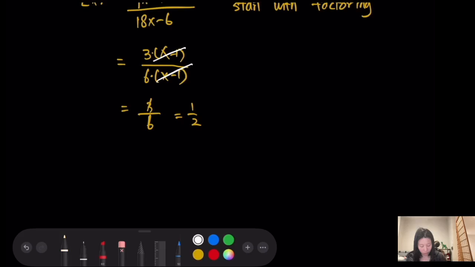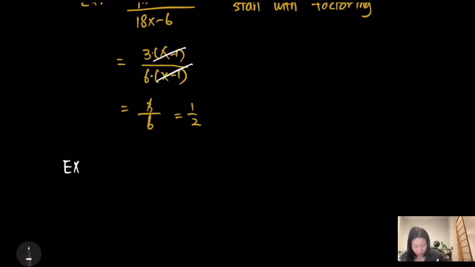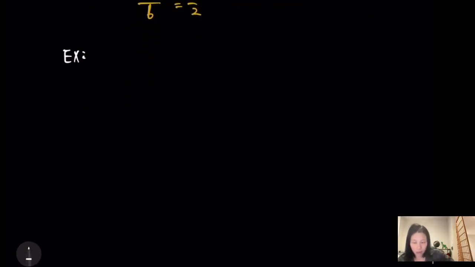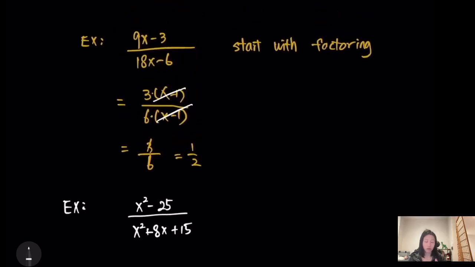Okay. Now, another example. x squared minus 25 over x squared plus 8x plus 15. Now, these two polynomials look a little bit harder than the previous one, because in the previous one we just needed to do some simple factoring.